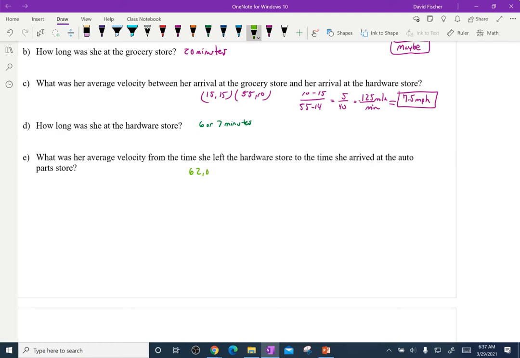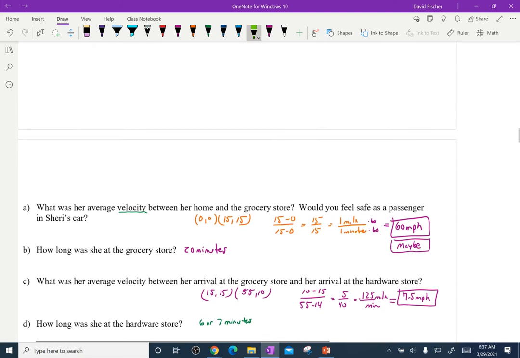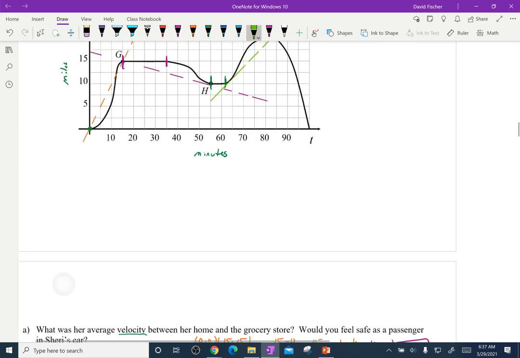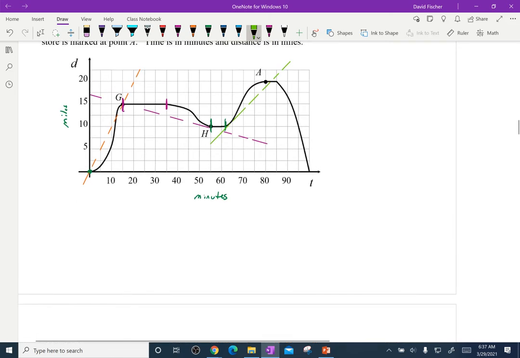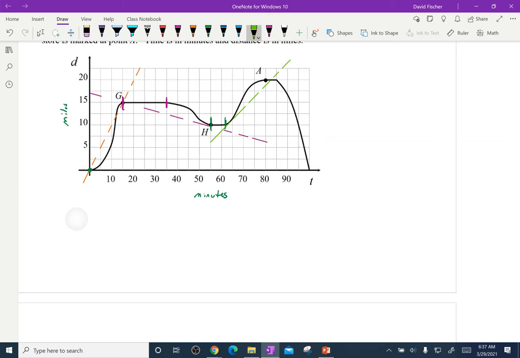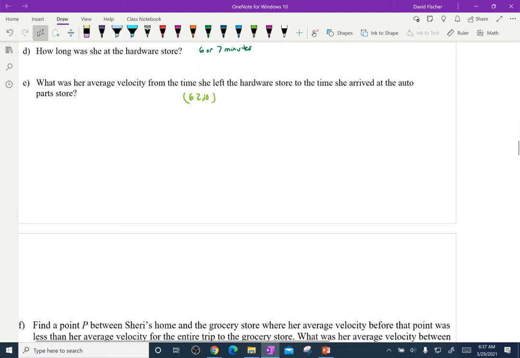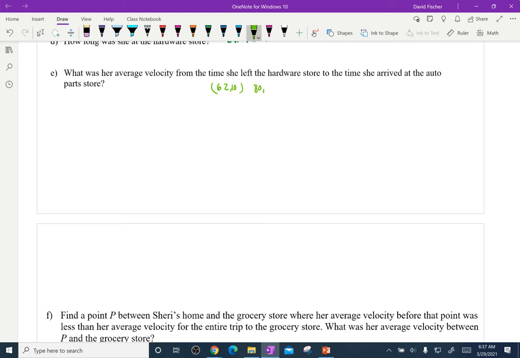I think it was 10. She's 10 miles away from home. And then at the auto parts store, she drove away from her home. It looks like 80, 20. Go ahead and find the slope for that one.